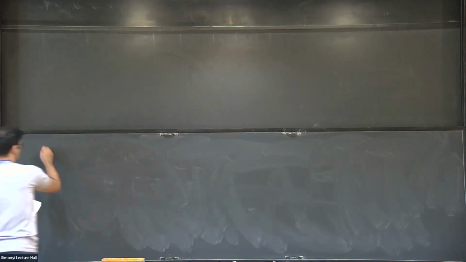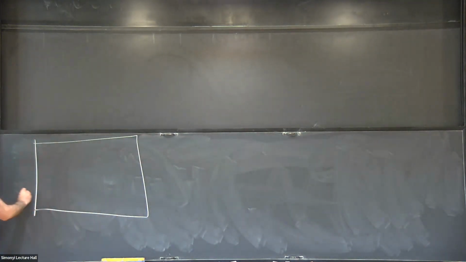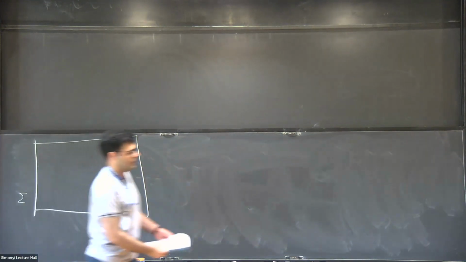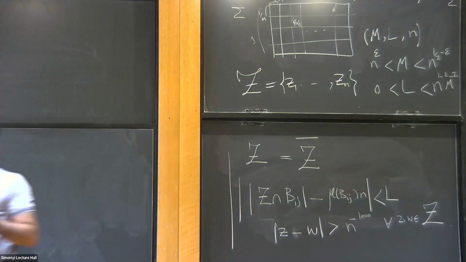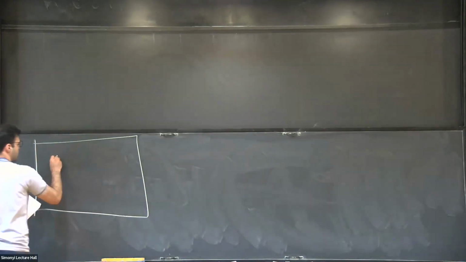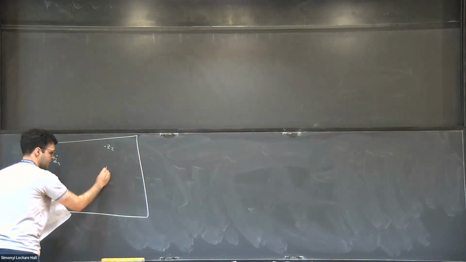So the goal is the following. We want to count the following. Let's say this is sigma, and let's say someone has given us a generic sampling with this property. So we have a point z1 here, and then we have a point, let's say z2, etc., zn.